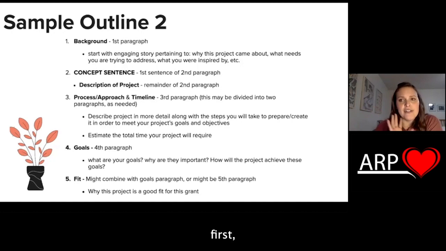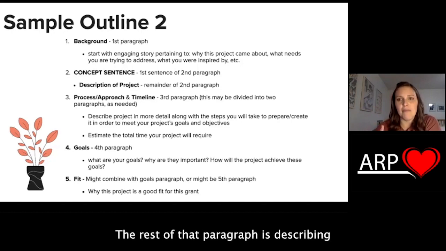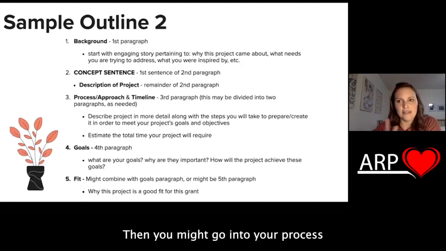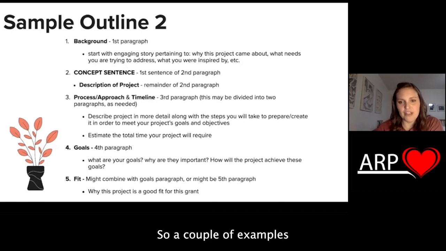So background first, concept sentence, first sentence of second paragraph. The rest of that paragraph is describing your project. Then you might go into your process and approach in your timeline. Then you might go into your goals in the 4th paragraph. And then you might end with fit again. So a couple of examples of how you might structure it.